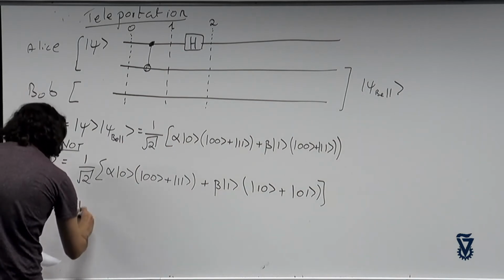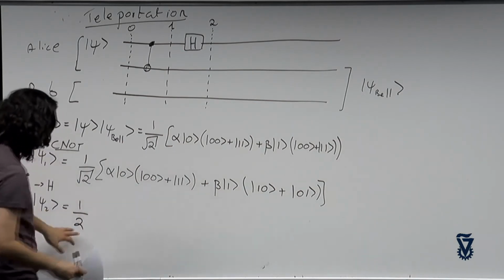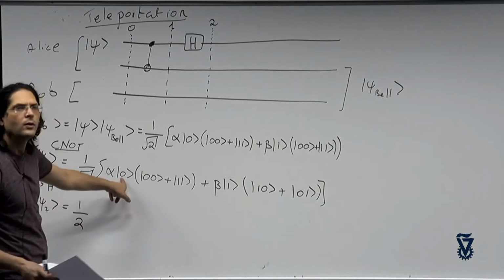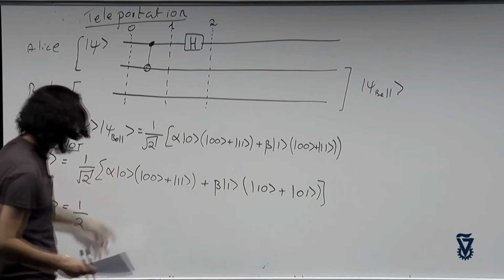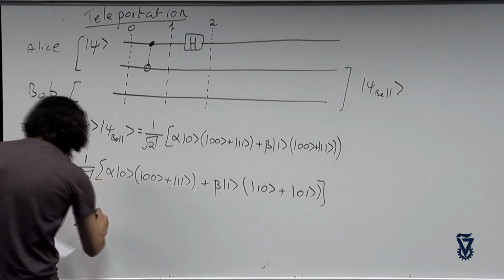So now we're going to have 1 over 2. This is a half because when we take this to 0 plus 1, we get a square root of 2, so we take the square root of 2 out.